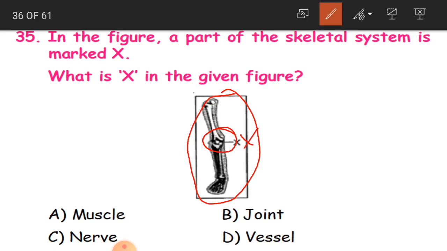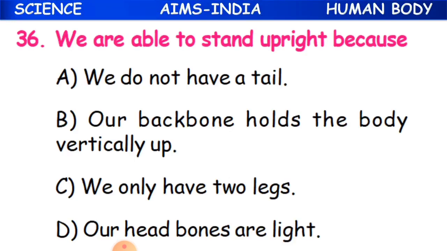Is it a muscle, a joint, a nerve or a vessel? If you carefully observe, what is this X doing? It is joining these two bones. These are two separate bones which are joined by this particular X. So that is why we call this a joint. Okay children, B is the correct answer.